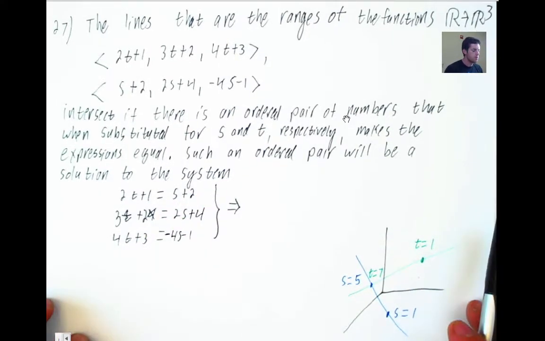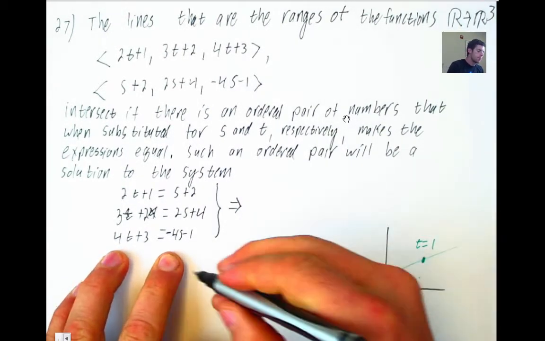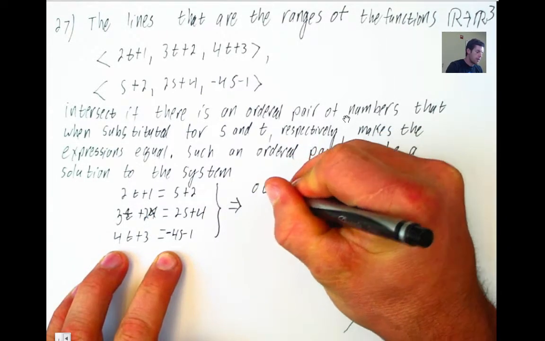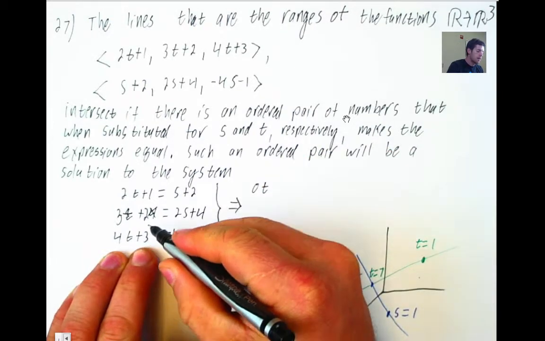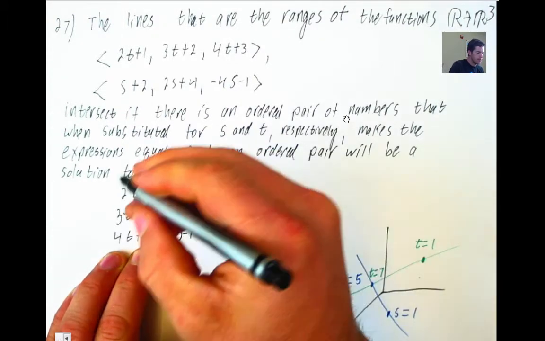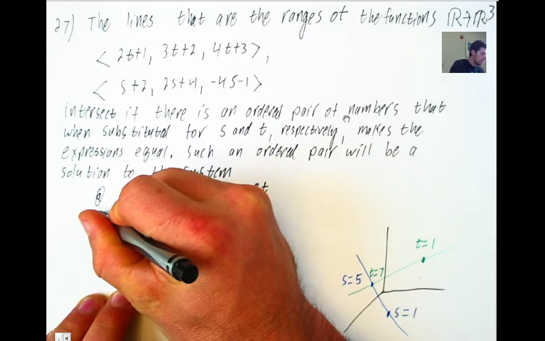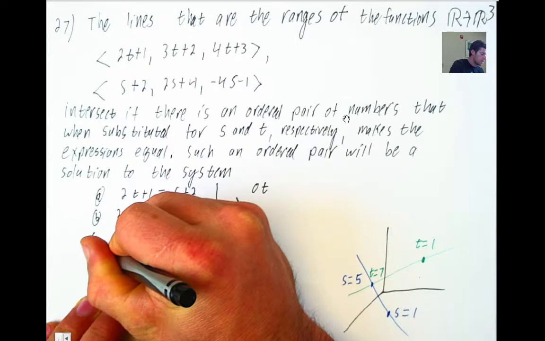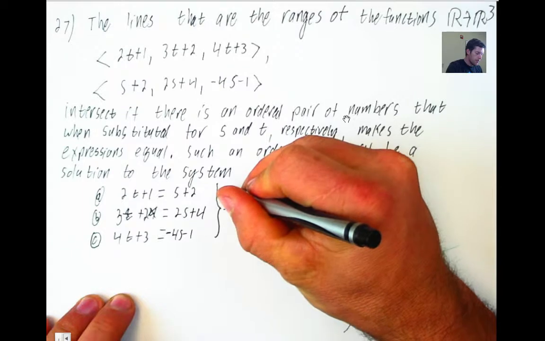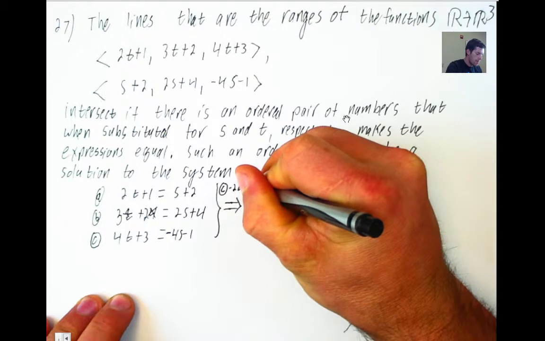What I'm going to do is subtract what I will call 2 times the first equation from the second. So 4t minus 2 times 2t will give me 0t. And 3 minus 2 times 1, so you can keep track of what I'm doing. Maybe I'll label these things A, B, and C. And what I'm going to do, just so that you can understand what I'm thinking, is C minus 2 times A. Okay.